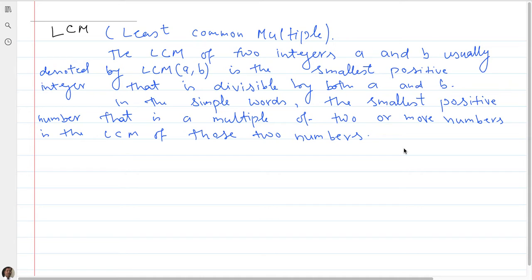Okay, so this is the theory about what is LCM.